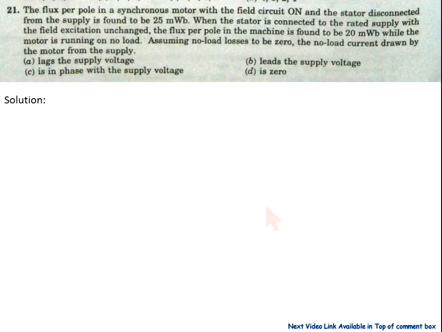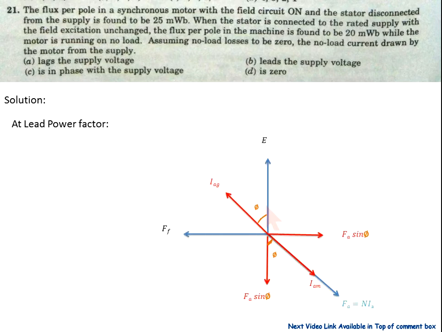Now come to the solution. This is a simple question. At leading power factor, we draw the phasor diagram. In the generator, this is the emf E1 and this is the mmf, and the emf generated by the generator field winding in the stator winding is led by 90 degrees, from E equals minus N dφ by dt.